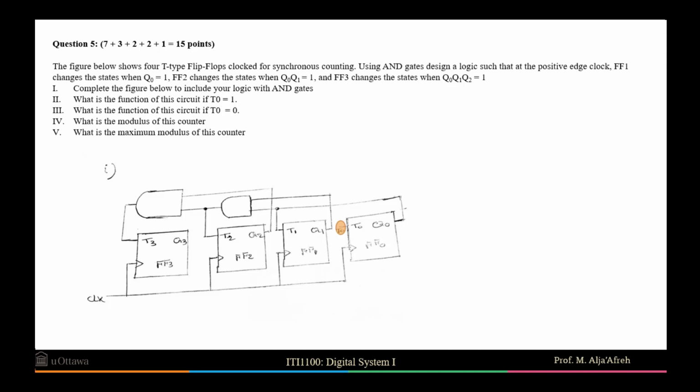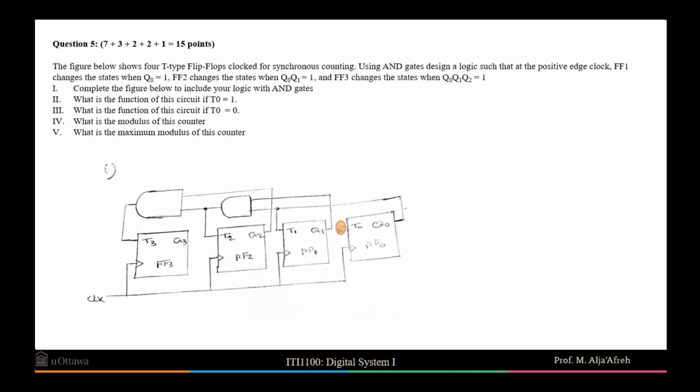If we assume that the initial state is 0, 0, 0, 0, then after each positive edge transition the state goes up by 1 until we reach 1, 1, 1, 1, which is 15, and then goes back to state 0. When T0 is equal to 0, if the initial state is even, like 0 or 2 or 4, there is no change in the circuit when the flip-flops are triggered.